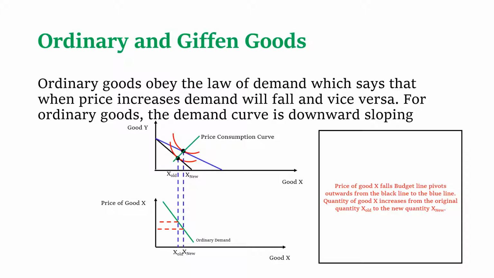So it obeys the law of demand, which says that when the price increases, demand will fall, and when the price falls, the demand will increase. So for these ordinary goods, the demand curve is downward sloping. The demand for the good falls as the price increases, and then it increases as the price falls. Okay.